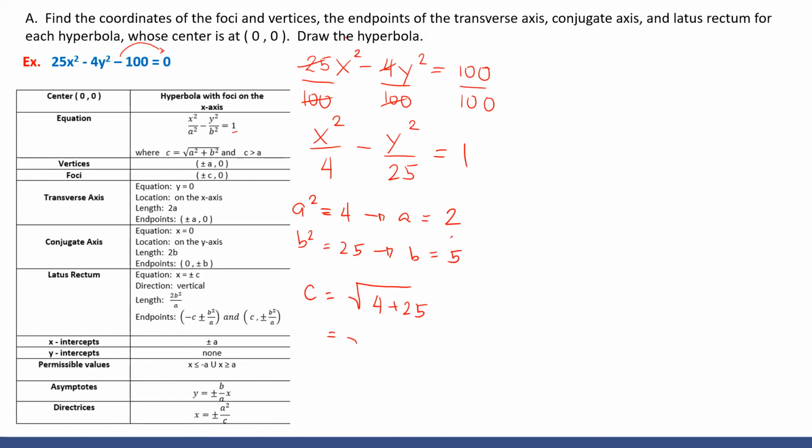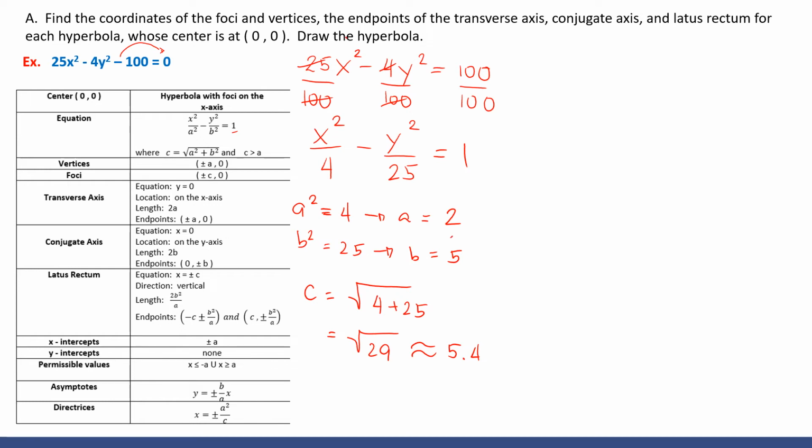So, that is equivalent to square root of 29. At dahil hindi naman perfect ang square root of 29, pwede na lang natin siyang i-approximate as 5.4. Ibig sabihin, ito ang gagamitin nating value for C.